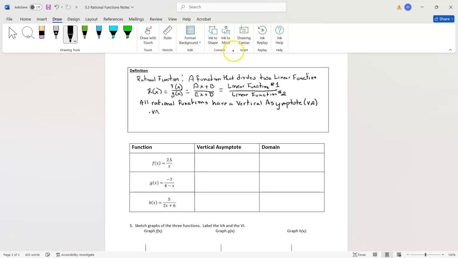So this vertical asymptote happens because division by zero is not possible, which will make the function undefined.